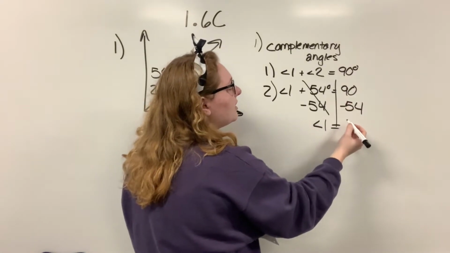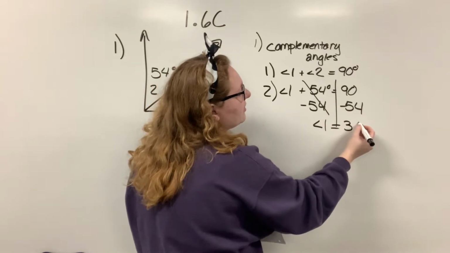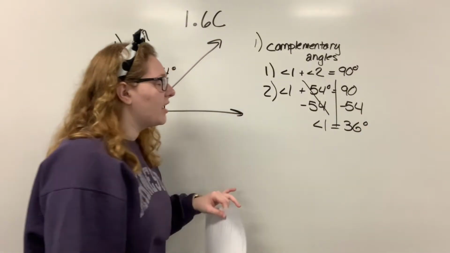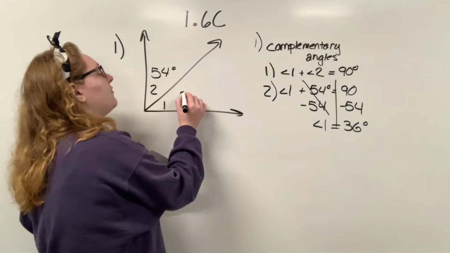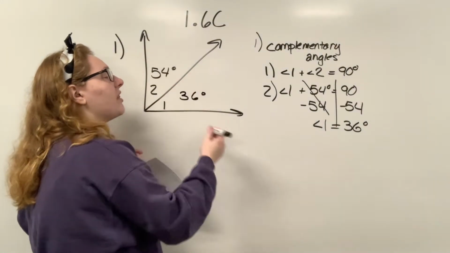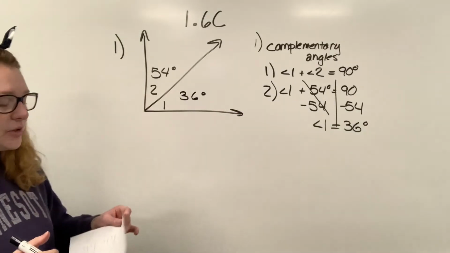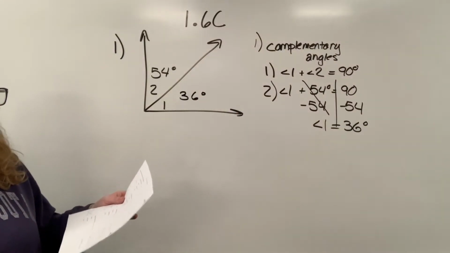And then 90 minus 54 is going to give us 36 degrees. Okay, so angle 1 is 36 degrees, angle 2 is 54 degrees, and if we add those two together, we get 90 degrees, which are complementary angles, so that's great.